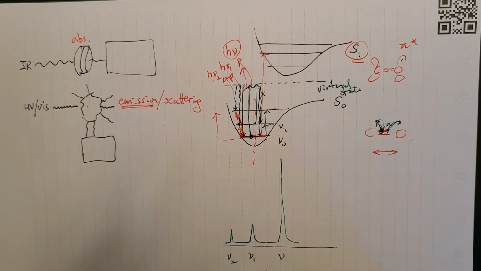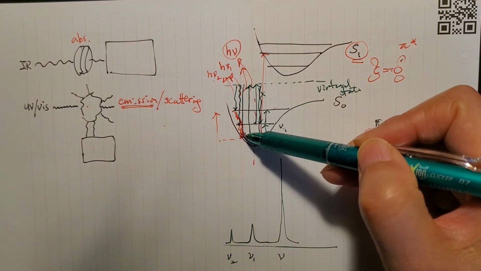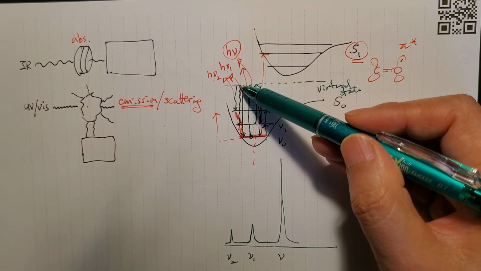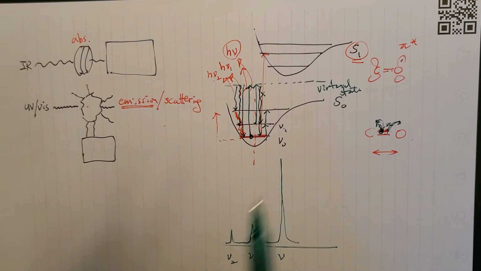Therefore, I can show the detected wavelength V, right? The light that came out when it's coming down, V. Then the one that came down to the second vibronic state, the third one in the order, because the energy is less, and then even less energy frequency.